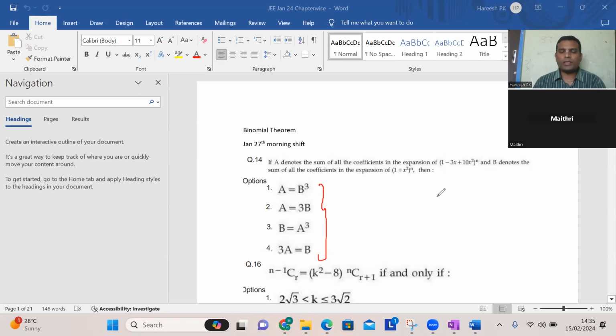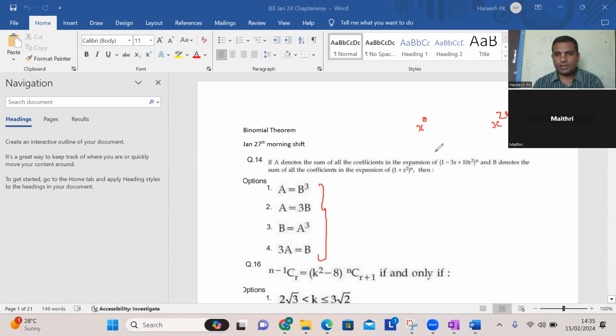So how do we find the sum of all coefficients? Here, what is the smallest power? What is the biggest power? The smallest power will be x⁰, and the biggest power will be (x²)ⁿ, so x²ⁿ.